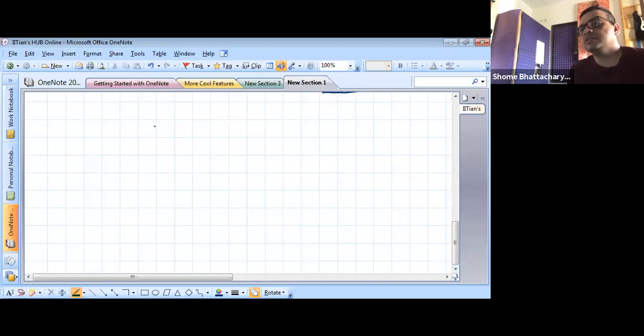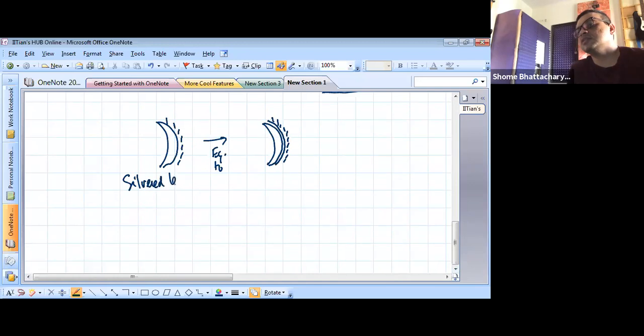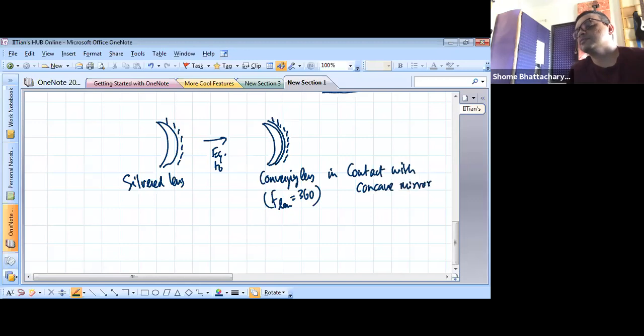Now, when you silver it from one side, it becomes equivalent to a converging lens of focal length 360 in contact with a concave mirror of radius 45 centimeters.